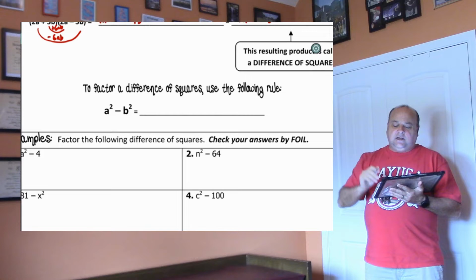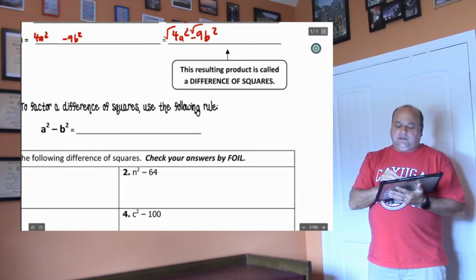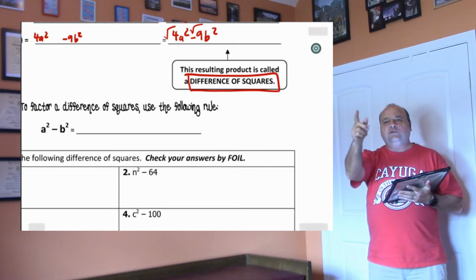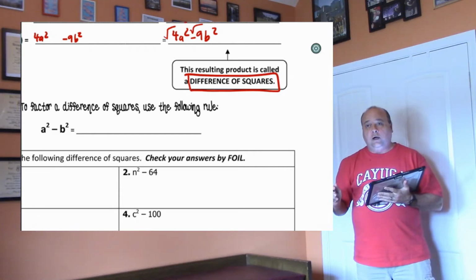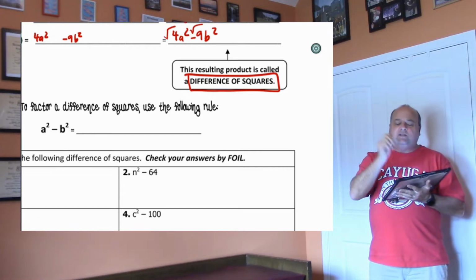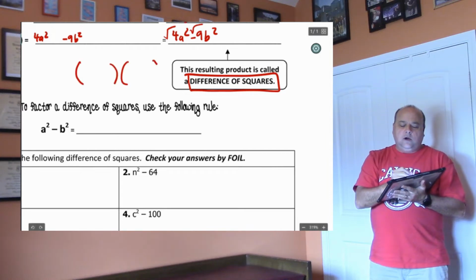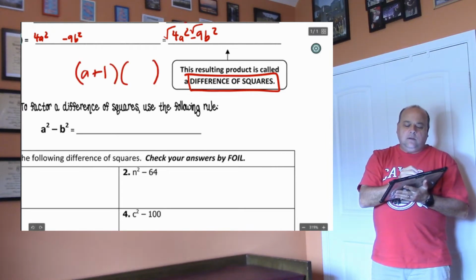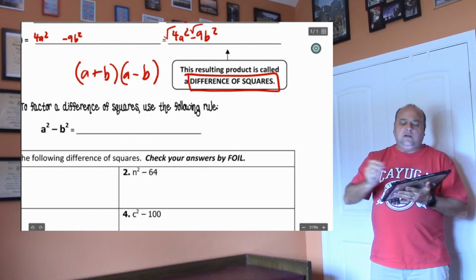To factor a difference of squares, and remember, this is called a difference of squares, this is so special it's on your formula chart. A difference of squares means that the parentheses are exactly the same, but the signs are different.